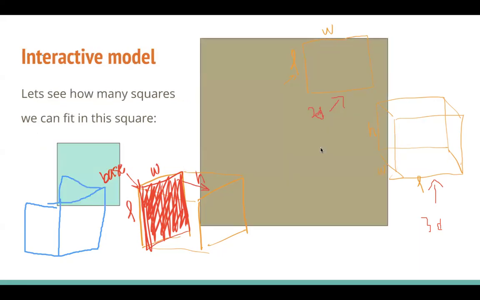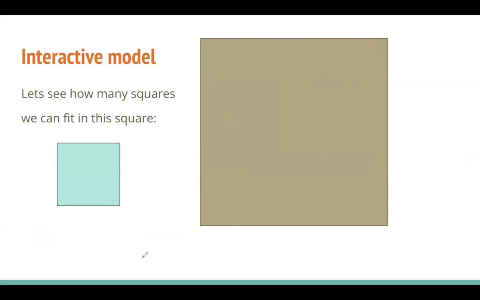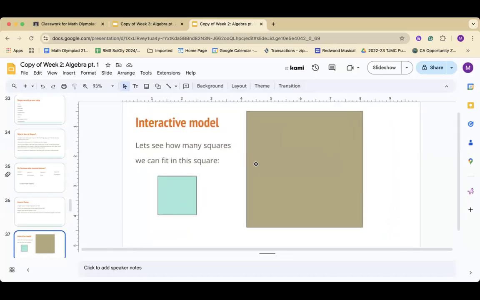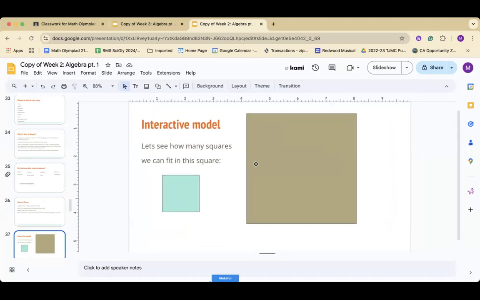Okay, so let's calculate some area, or let's just see how area works. So let's see how many squares we can fit in this bigger square. Does anyone want to make a guess on how many squares we could fit? How many do you guys think we can fit in the bigger square?